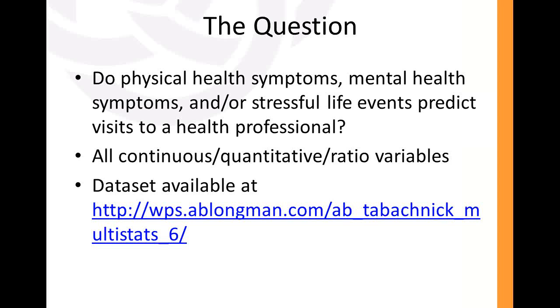Now, we have a data set that has 4 variables in it: the number of physical health symptoms, the number of mental health symptoms, the number of stressful life events, and the number of visits to a health professional. As I briefly mentioned yesterday, these are all continuous, also called quantitative, also called ratio variables.